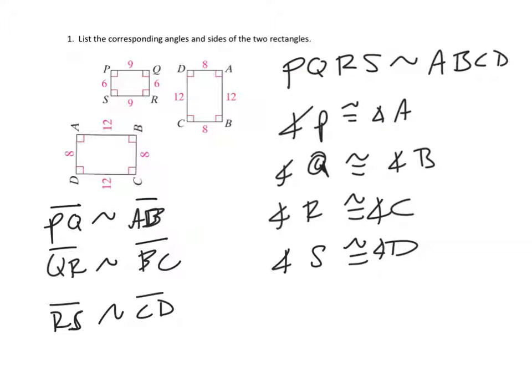SP, DA. So SP and DA. There we go. So that is showing that these corresponding sides over here are similar. They're proportional. And we could prove that here if we wanted to. And that the angles are equal in the proper order.